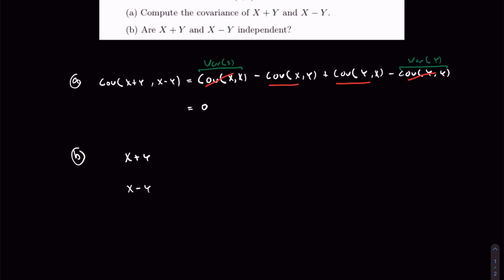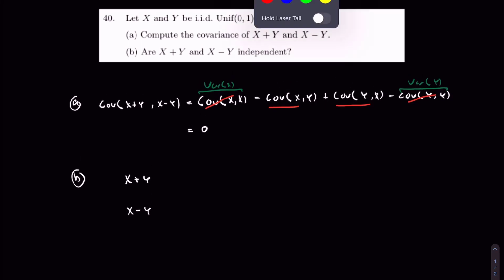Okay, so let's see then. Assume that X and Y go to 1. Because X has support 0 to 1, it can take on values close to 1, same with Y, and that would yield a value of 2 for X plus Y. So when X approaches 1 and Y approaches 1, X plus Y has to be 2.